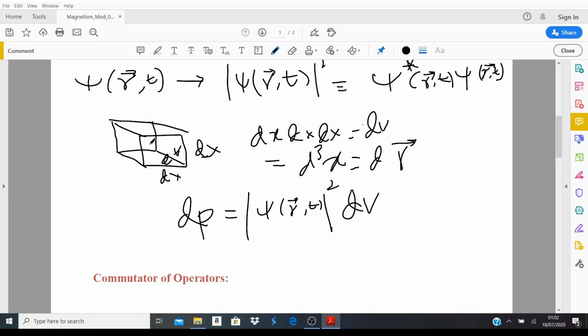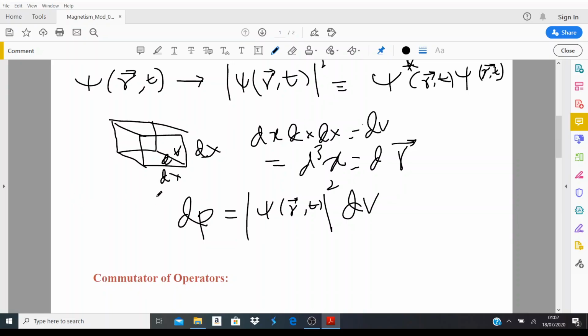So let me summarize. The wave function is a complex number. You need to form the modulus square to get a real number, and once you have it, you need to multiply it with some volume element to find the probability, right? Now assume the particle is real, so the particle has to be somewhere in real space.